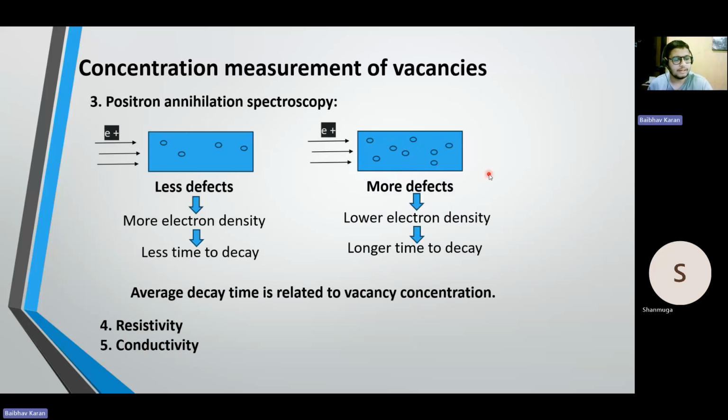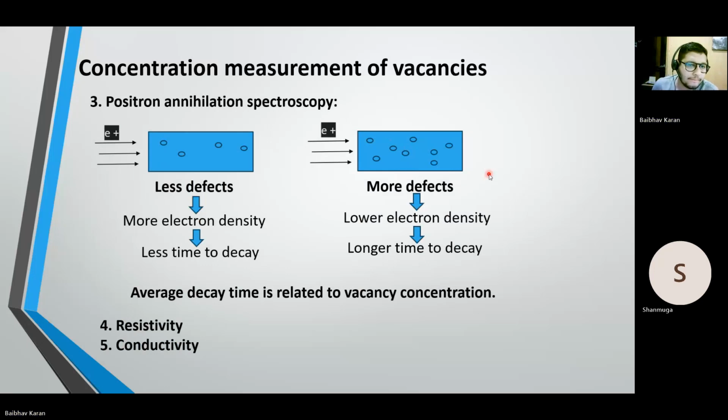As I told you earlier, defects here means what? Vacancies are places where there is an absence of atoms. If there is an absence of atoms at these places, that means the electron density is lower, as atoms consist of electrons, protons and neutrons. The electrons are missing in those portions. That means if the material has more defects, the electron density will be lower in that material because the atoms are missing.